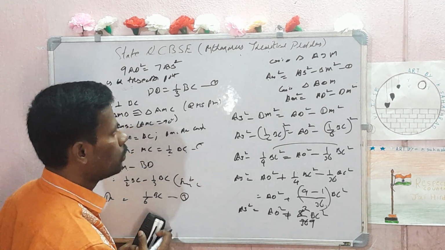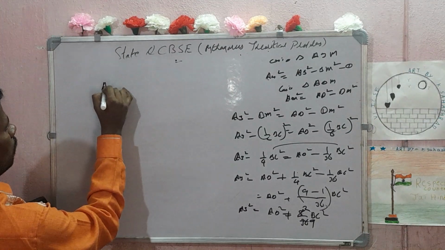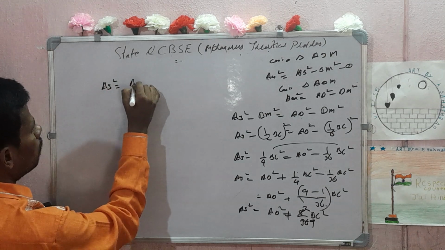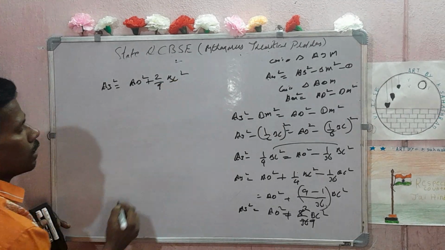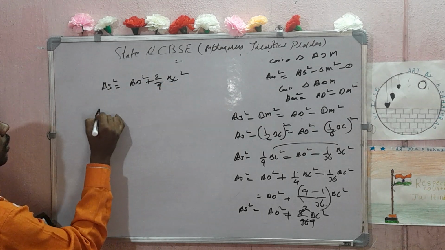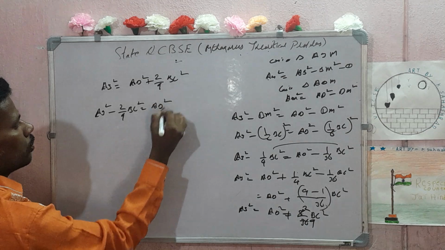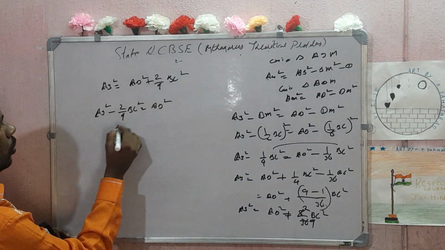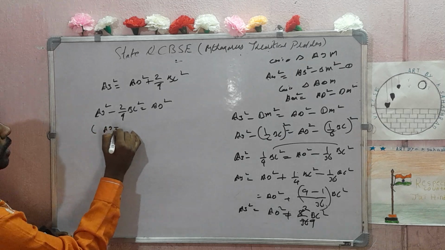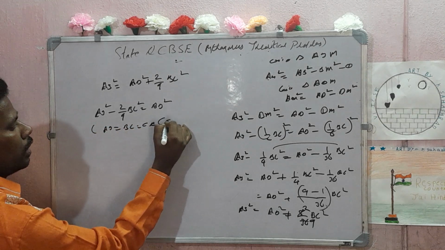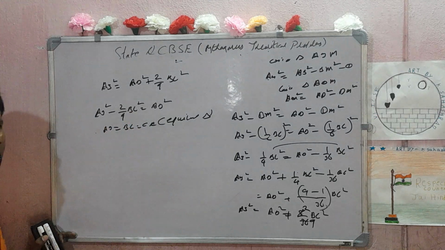Now AB square is equal to AD square plus 2/9 BC square. Now bring this to here: AB square minus 2/9 BC square is equal to AD square. Again, AB is equal to BC is equal to CA, given that the triangle is equilateral.